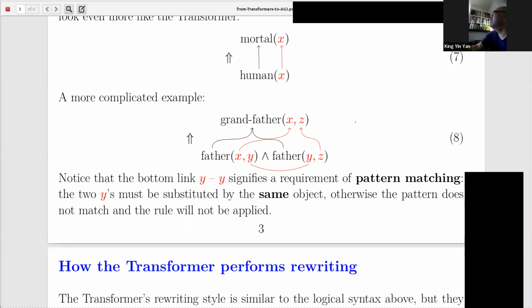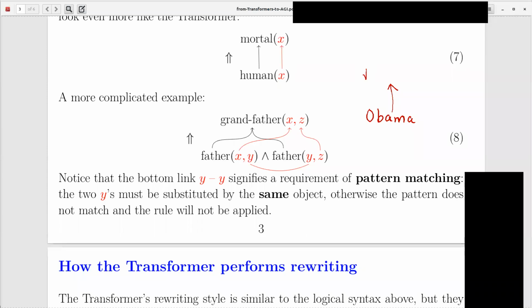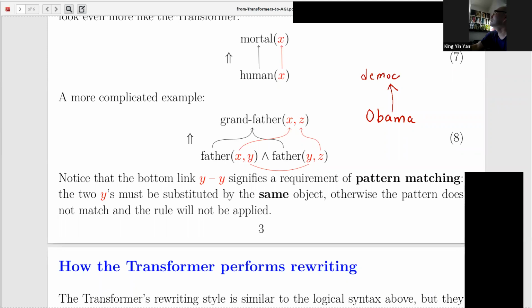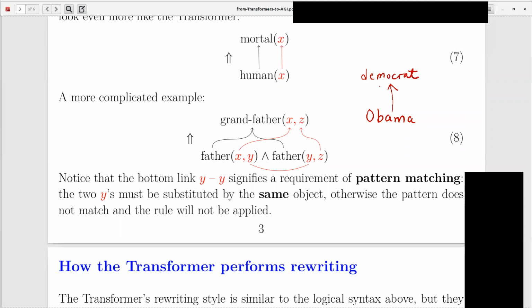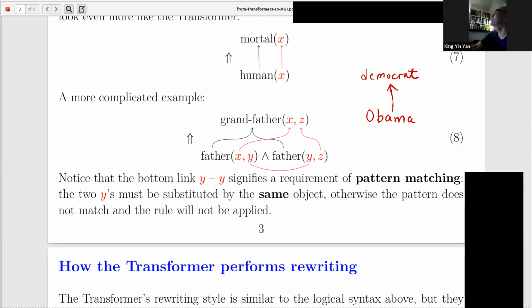But you need to imagine that there may be millions of these rules. For example, you have the word Obama, and there are some rules that say Obama is a Democrat, so he's president. And he's black, you can't forget that.